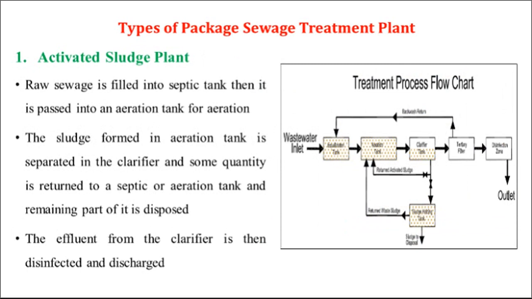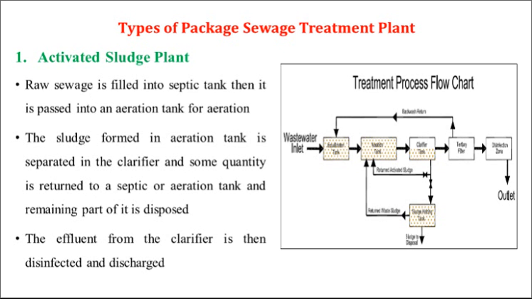There are various types of packaged sewage treatment plant, of which the first one is the activated sludge plant. In unit 3, we have seen how the activated sludge process works. In a similar fashion, these are compact plants with a very small capacity, depending upon the community or township.